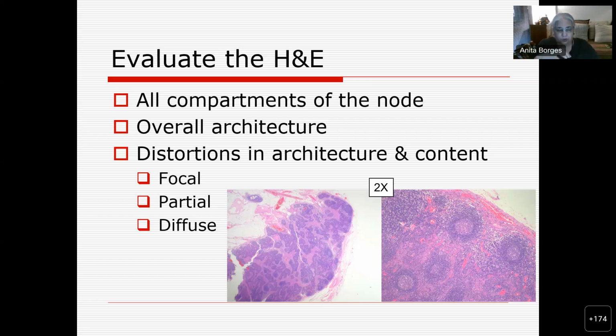So we have these nice B reactive germinal centers, and then we have the T zone, and then we have the medulla. And you can see that this is not really true. It is a kind of idealized way of depicting a lymph node.